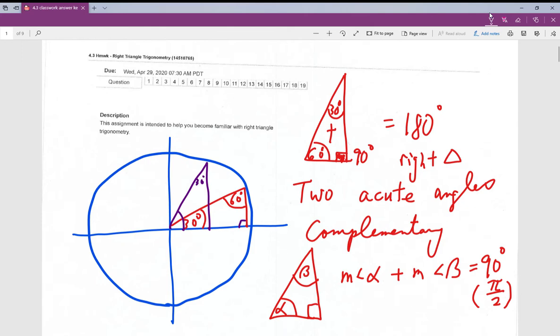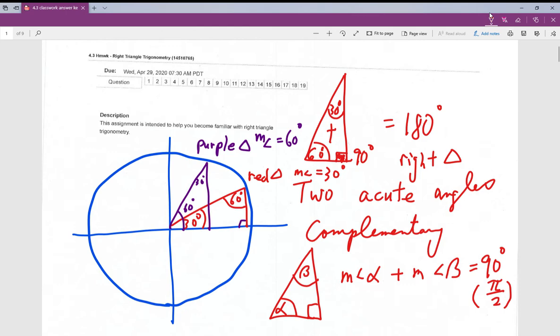So if you are talking about the purple triangle, then you are talking about the 60 degrees. This is 60 degrees. Okay. If you are talking about the red triangle, then the reference angle will be 30 degrees.